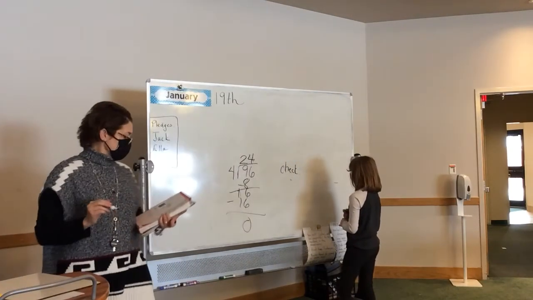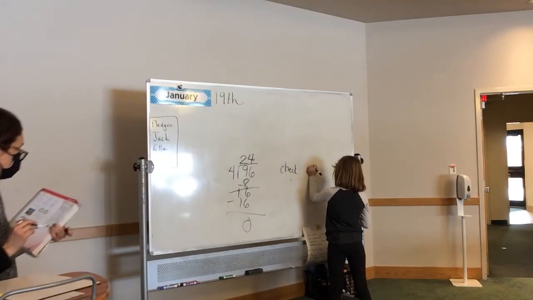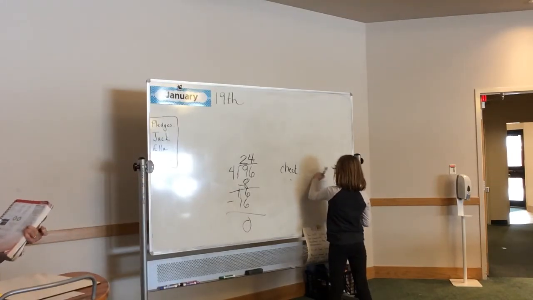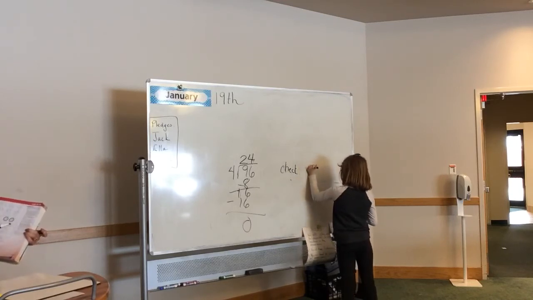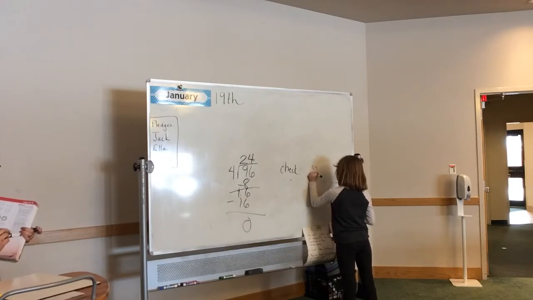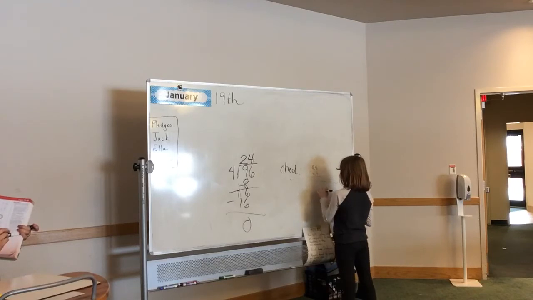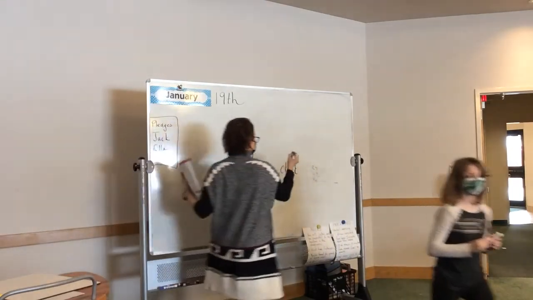So check it. 4 times 24, so 24 times 4. So you do 24 times 4. There you go. Equals. Yes. Good. 24 times 4 is 96.